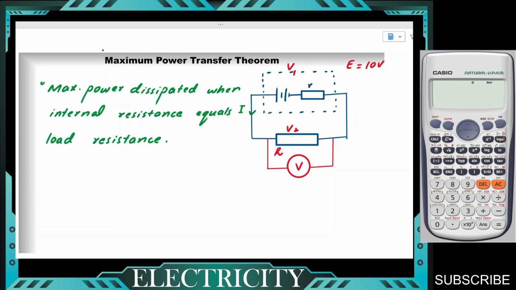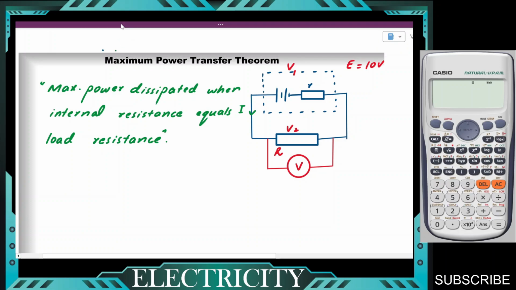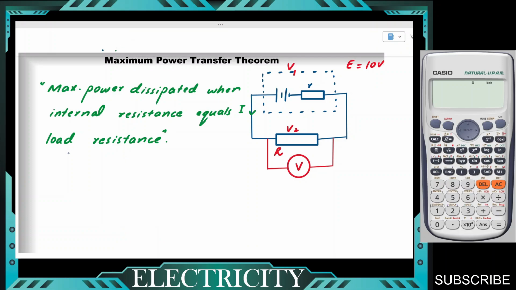In simplest words, in order to get the maximum power, the load resistance should equal the internal resistance of the battery. This is what the theorem says. That's it, period. End of discussion. Whenever internal resistance gets equal to the load resistance.